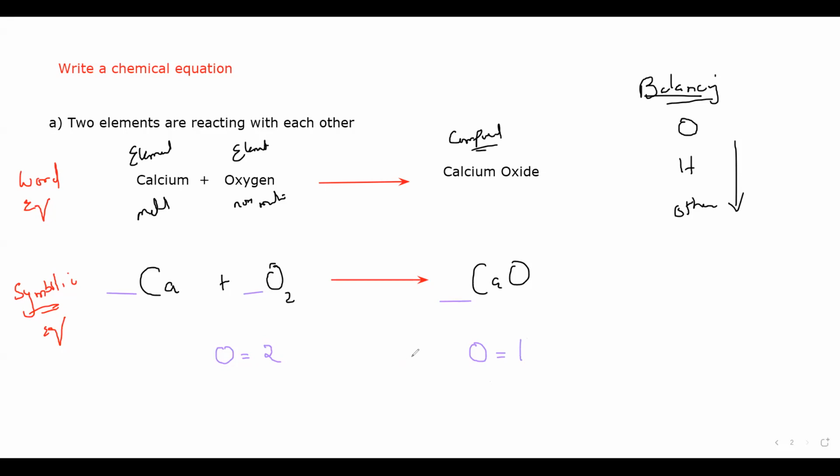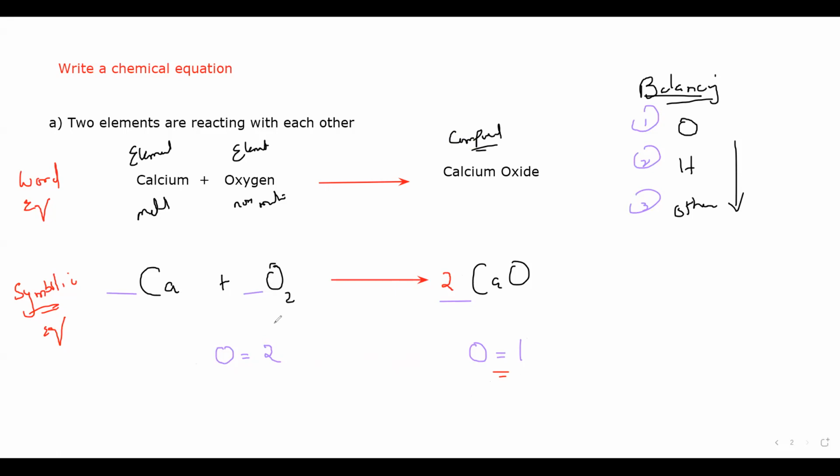On the left hand side I have 2 oxygen, on the right hand side I have 1 oxygen. We start balancing with oxygen, followed by hydrogen and then any other element. On the right hand side we have only 1 oxygen, so we need 2 oxygen. So I will put this number 2.